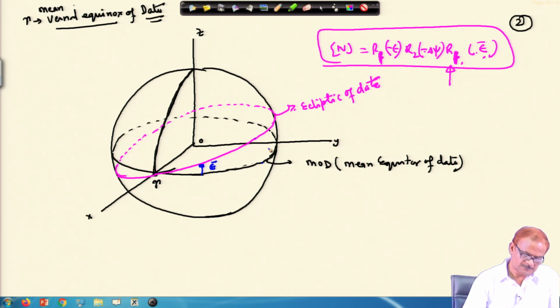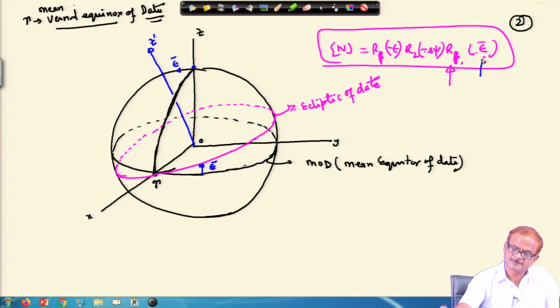As a result, this point will move from here to this place. This will be your epsilon bar. So this becomes z prime. The motion is along this direction. This is a positive rotation about the x axis.